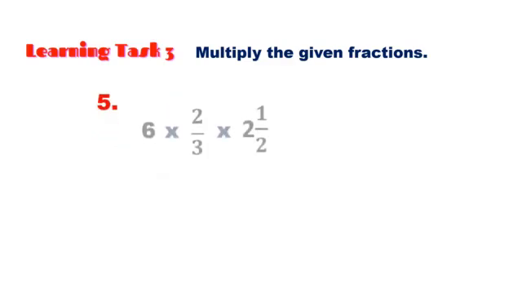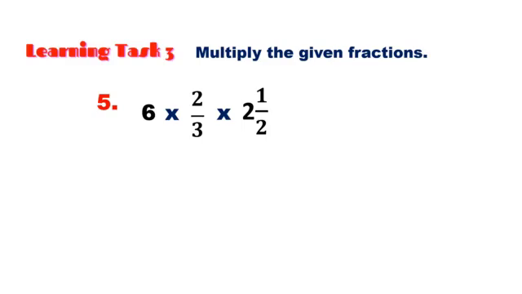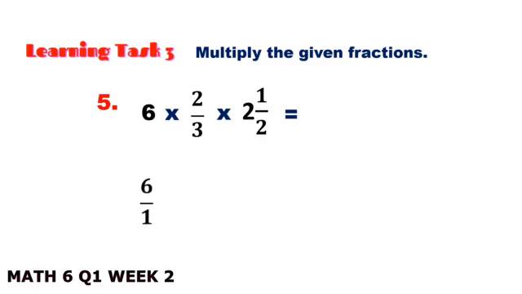Number 5. 6 times 2/3 times 2 and 1/2. So 6 over 1 times 2/3 times this mixed number changed to improper fraction.